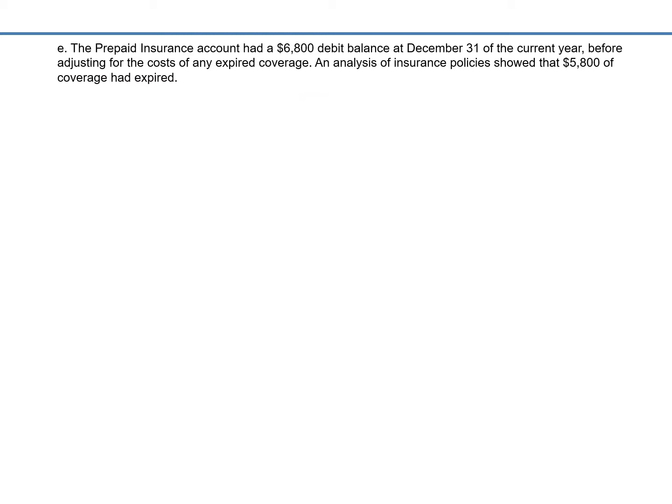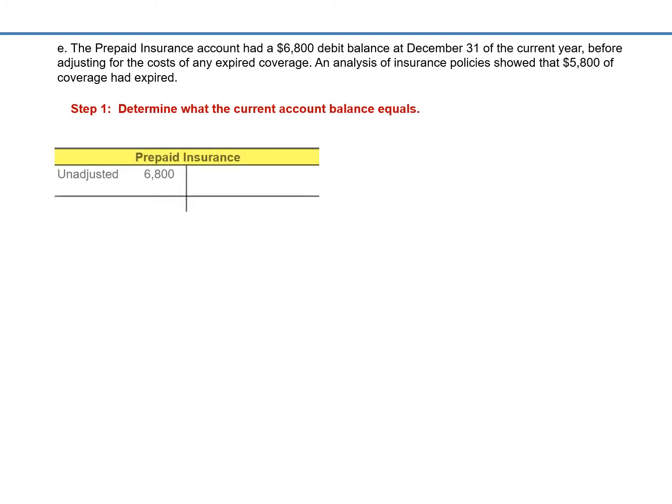All right, in Part E, prepaid insurance account had $6,800 debit balance at December 31st of the current year before adjusting for any costs of unexpired insurance. An analysis of the insurance policies shows that $5,800 of coverage has expired. So that means our balance equals $6,800.